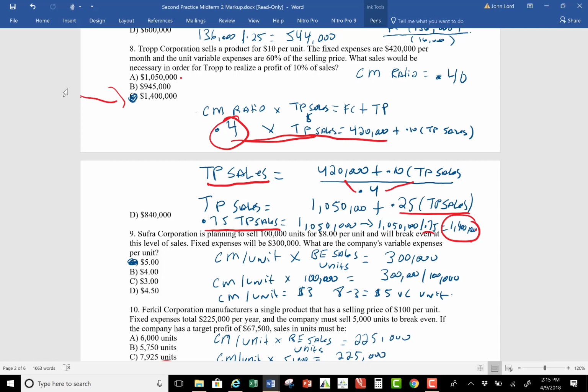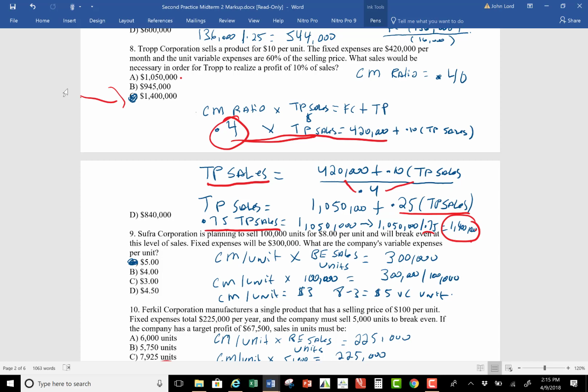Why did I multiply the target profit sales on both sides? I'm not understanding that question. 40% times target profit sales equals 420,000. Is this the time when we ignore her question? There's nothing she could possibly be saying that would be helpful, right? So you should tune it out and talk about something else? I'm sorry? Go ahead. Say what you're saying again. Now you're not going to say what you said again? Well, I guess, yeah. I wasn't talking to you. I was talking to them to tell them to be quiet while you're asking the question.